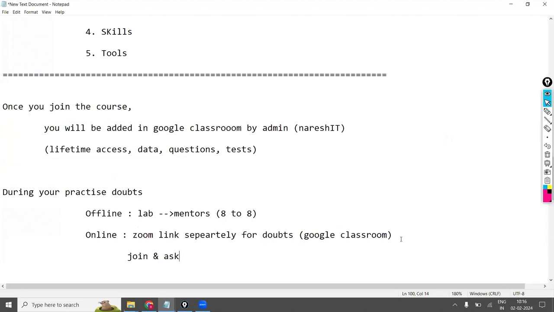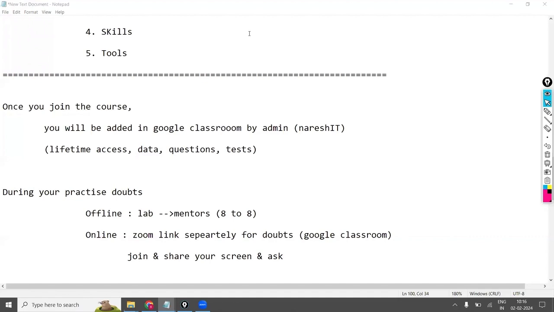When you have a problem in the code, you have to show what code you have written and where the problem is. So you join and share your screen and ask what questions you are having, so that they'll help you. Okay. Is the point clear?